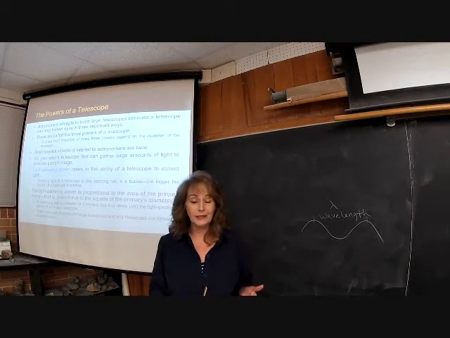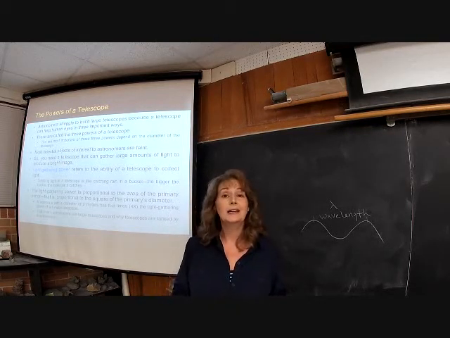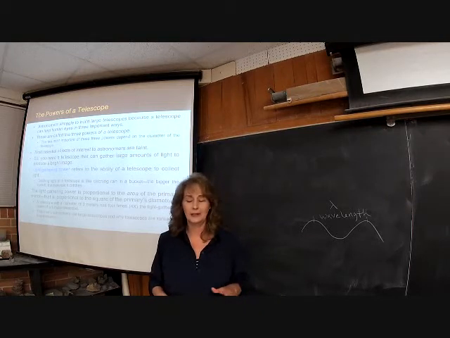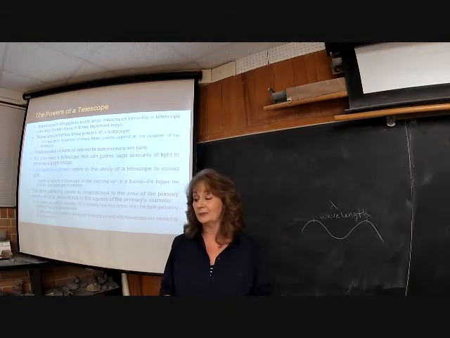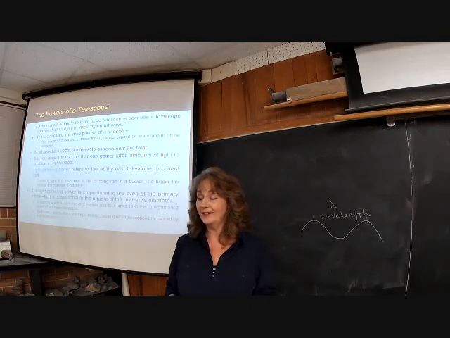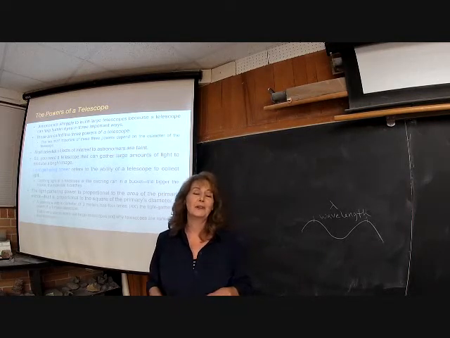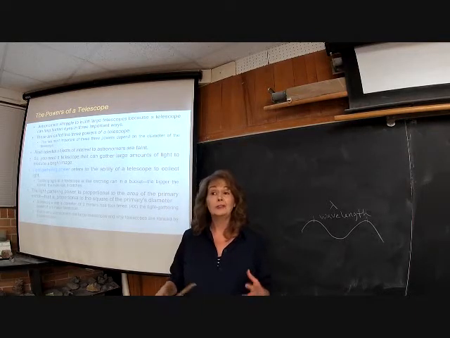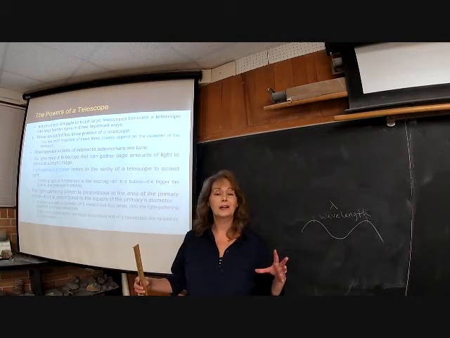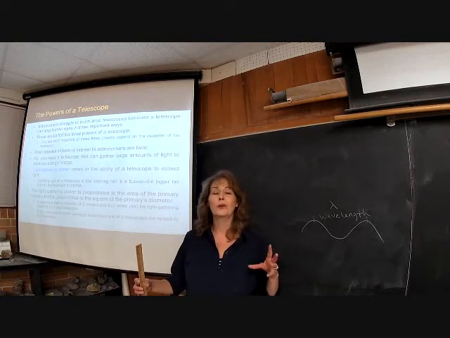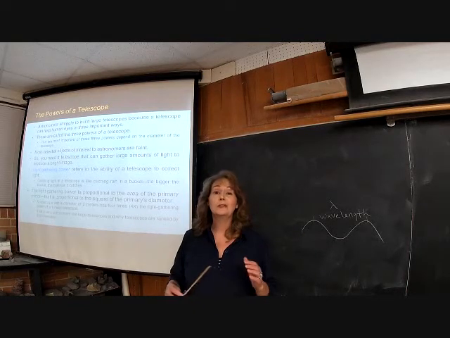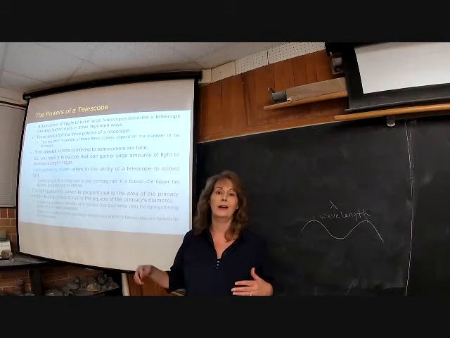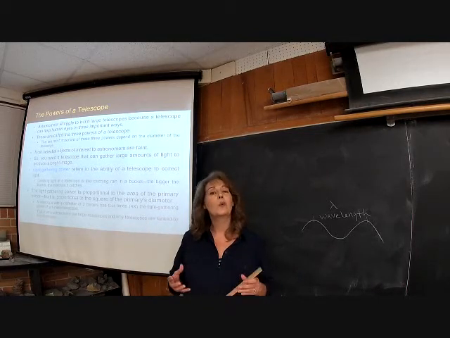So we want to look at the powers of a telescope, and there are 3 powers of the telescope that we're going to be interested in. Of course, probably the most important one is the light gathering power. So you want to build that primary objective, either the lens or the mirror, as large in diameter as you possibly can, because the area of that is what we're after.